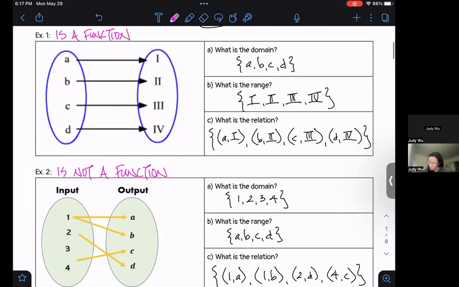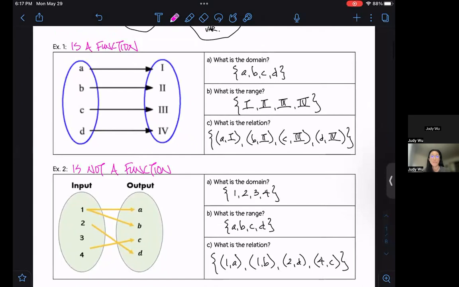Let's take a look at just these two and see if we can identify some factors that make example 1 a function but example 2 not. Some of us might guess example 1 is a function because all of the arrows go straight across, and in the second one the arrows sort of crisscross. It turns out that's not actually the reason.